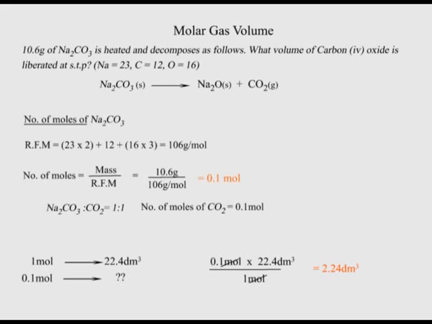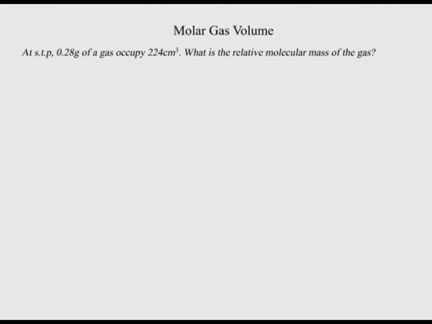Another example. At standard temperature and pressure, 0.28 grams of a gas occupies 224 cubic centimeters. What is the relative molecular mass of the gas? We find the number of moles of the gas. We know that 1 mole of a gas at STP occupies 22,400 cubic centimeters.